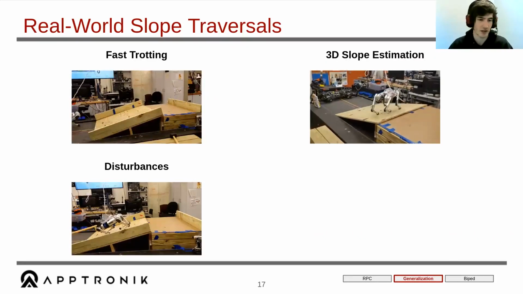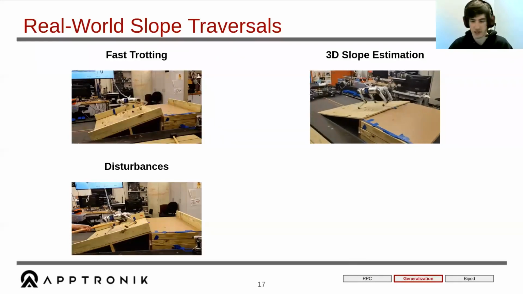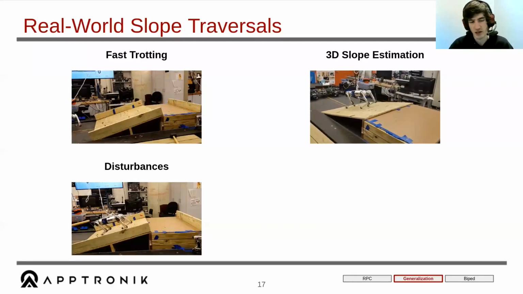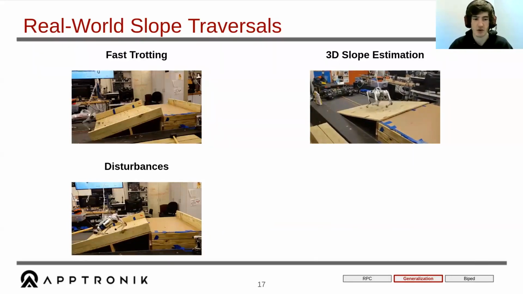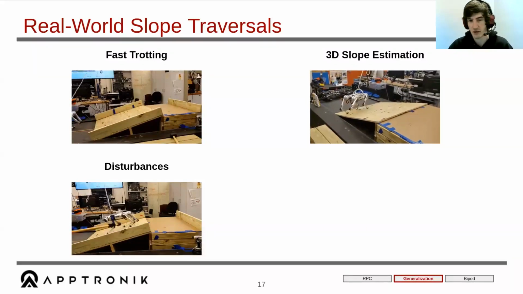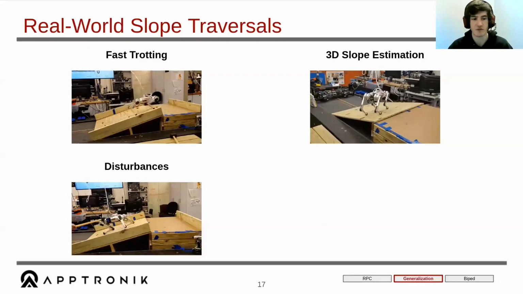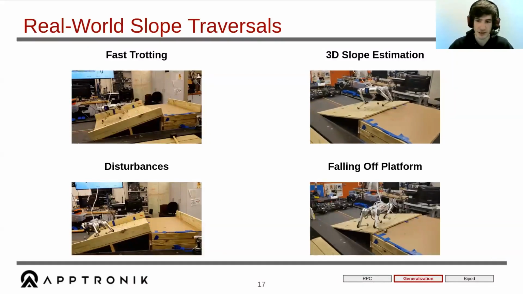Again, I'm pushing the robot on the slope, and it's able to figure out where to put its feet and deal with it. And by adding this local ground estimation and integrating that with the controller, I didn't really see much of a performance difference between walking on slopes versus flat ground.